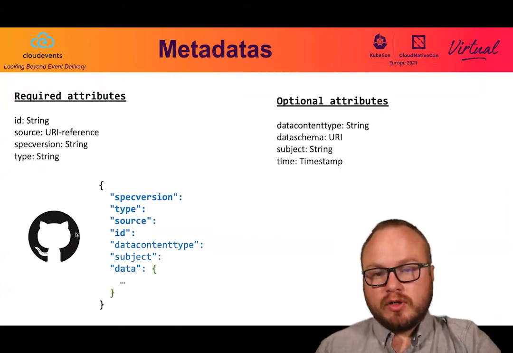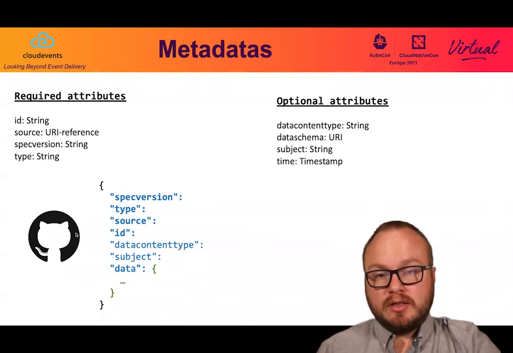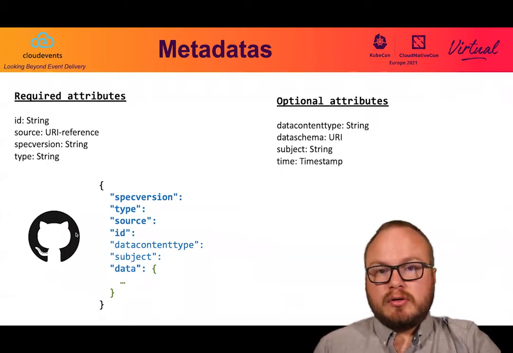So let's have a look at the metadata. 4 attributes are required and 4 attributes are optional. In the 4 required attributes, we have the ID, which is a unique ID per source. The source is a reference to the system. It can have one or several producers behind a source.